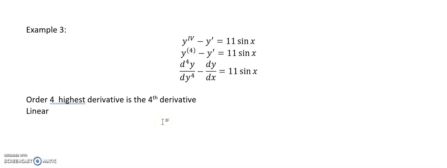They're not inside another function of y. And then this is also non-homogeneous, because we have this extra term out here that contains only x. All right, so going down to our next example.